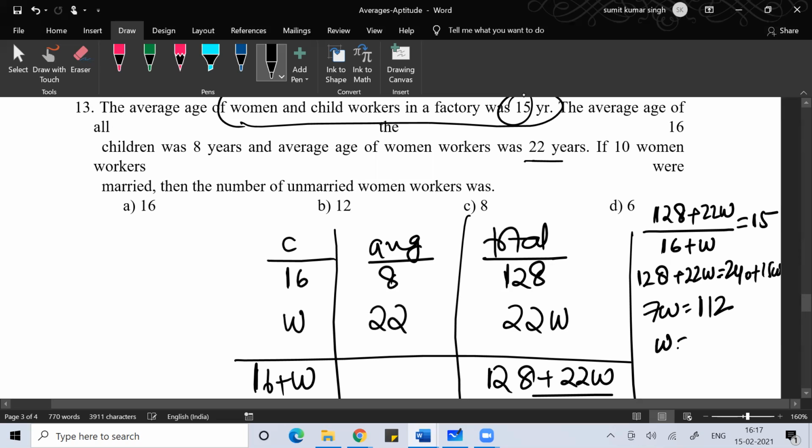The value of W is equal to 16. So the total number of women is 16.